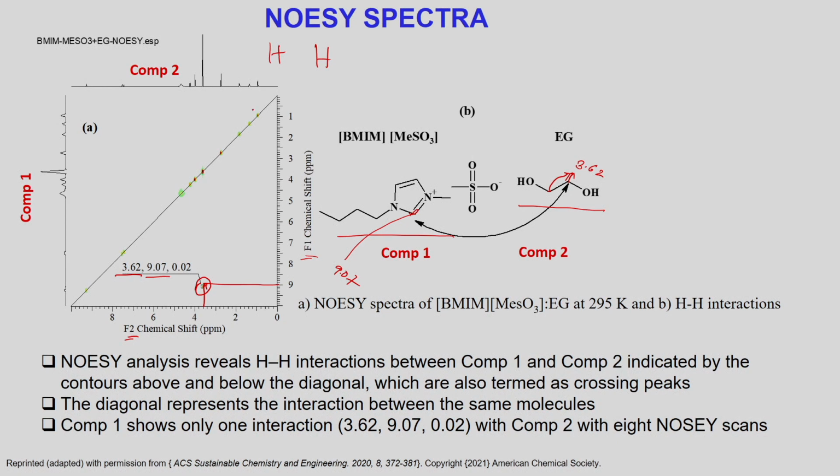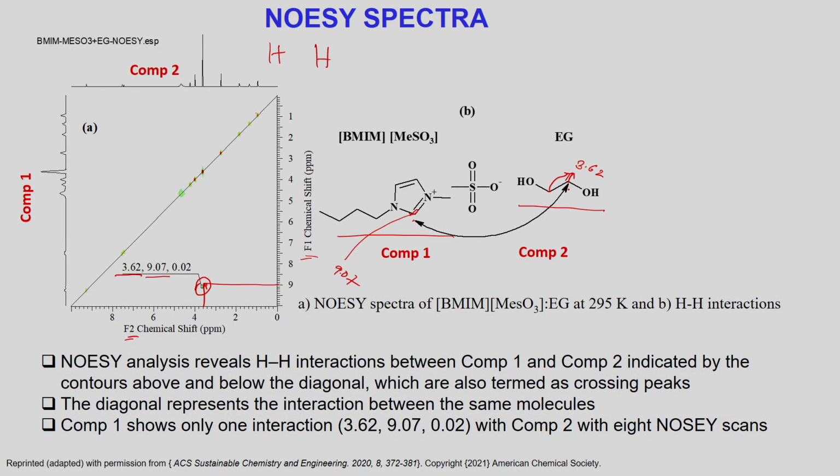All other peaks, if I couple them together, lie on this diagonal. So, it means they are not interacting with each other. It means this hydrogen atom is a likely candidate for hydrogen bonding with the part which is here.